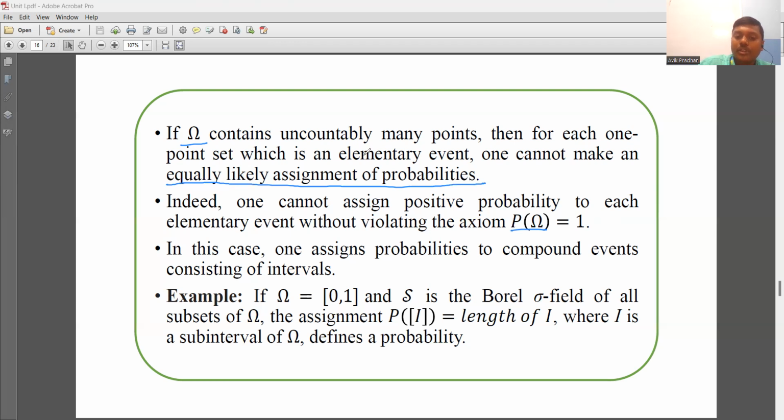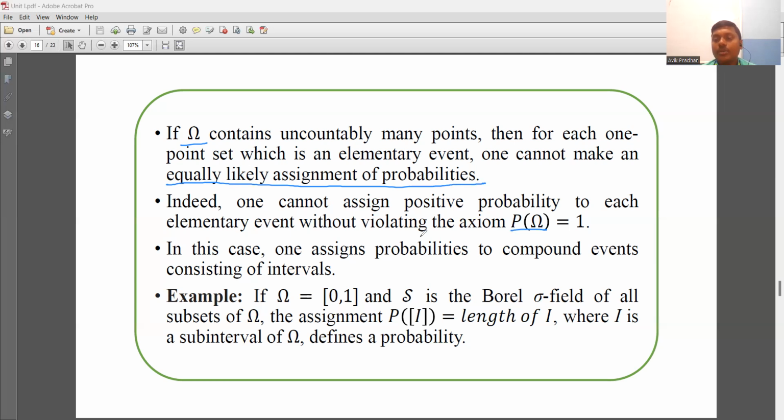So in that case, how can we assign the probability? In this case, one assigns probability to compound events consisting of intervals. As I already mentioned, we have two types of sample space: discrete sample space and continuous sample space. For the discrete sample space, the sample space is countable. For the continuous sample space, we have uncountable sets.